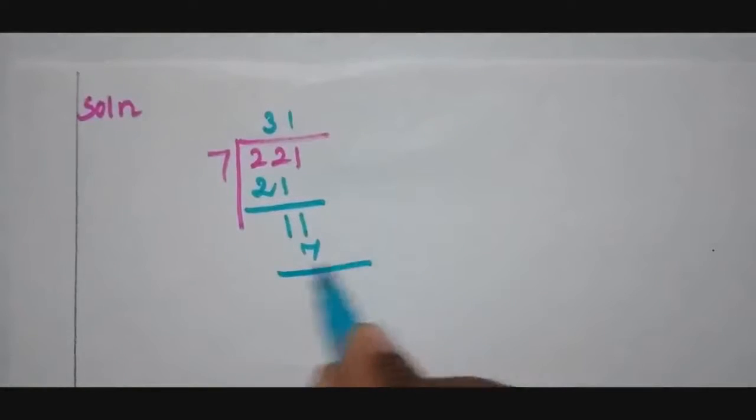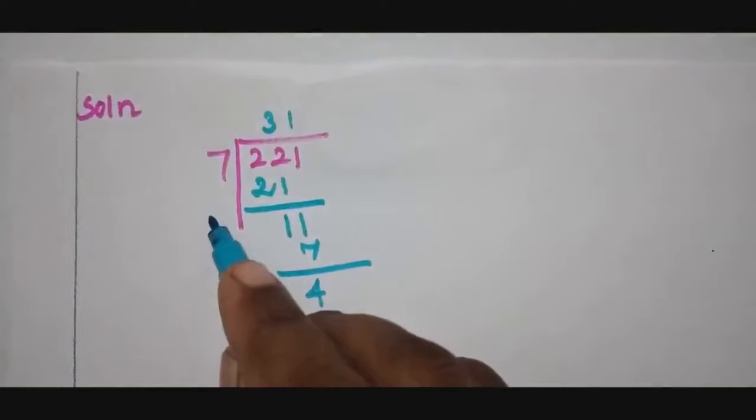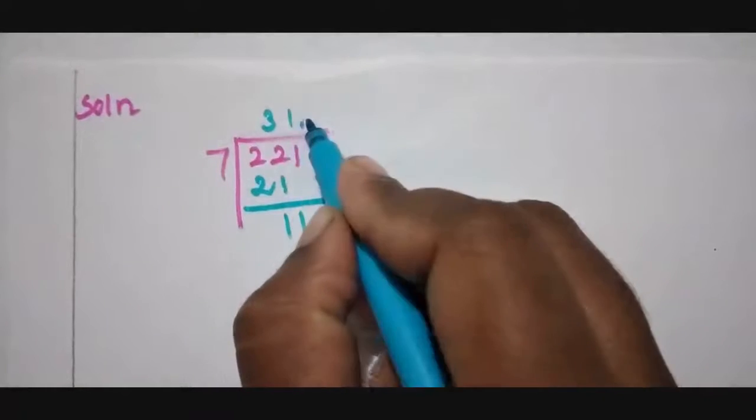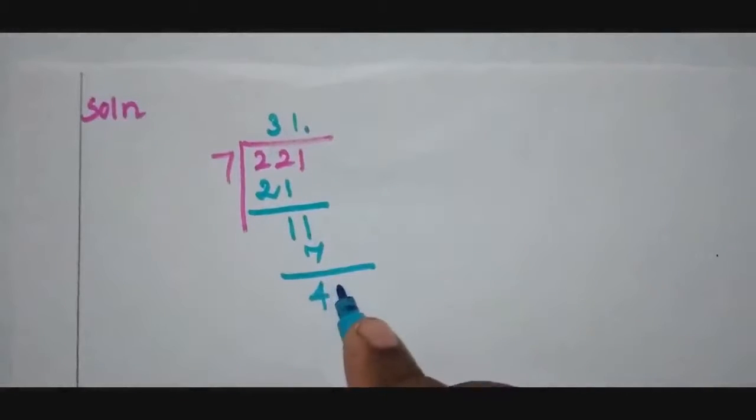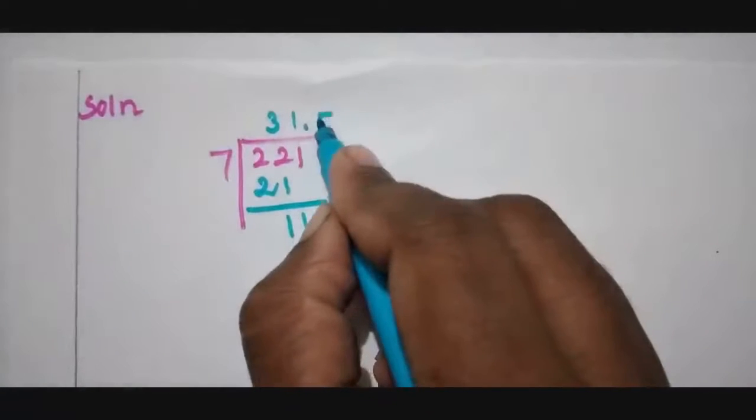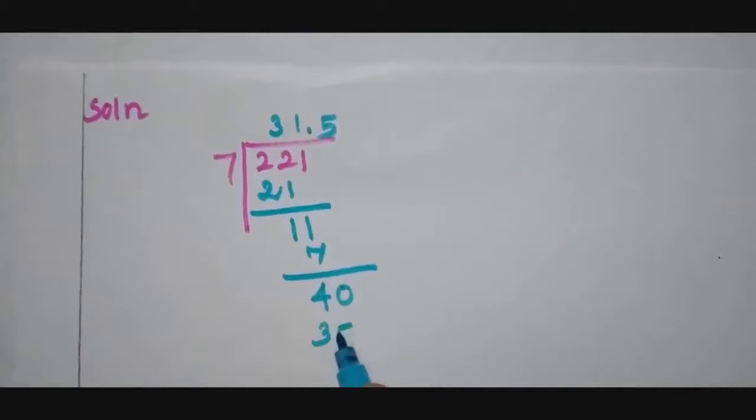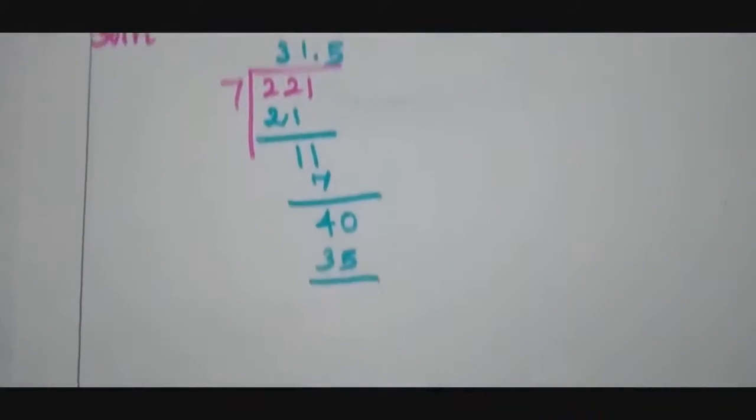Now bring the 1 down. 1 7 is 7. Remaining, what's the value of 11 minus 7? 4. So 4 is not divisible by 7 tables. You keep the decimal point here and you add 1 0 here. 5 sevens are 35. So what's the value of 40 minus 35?